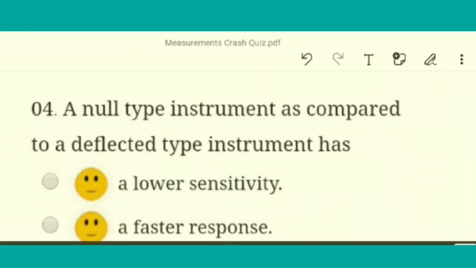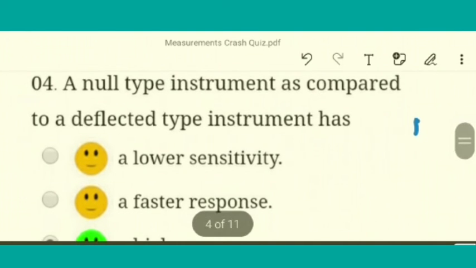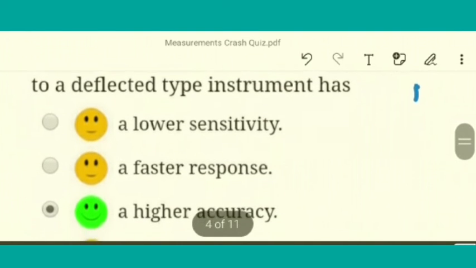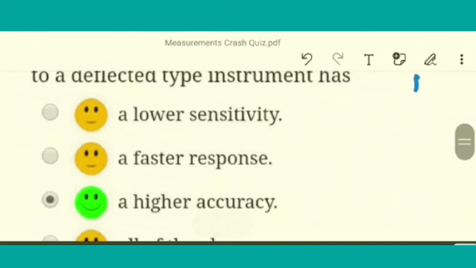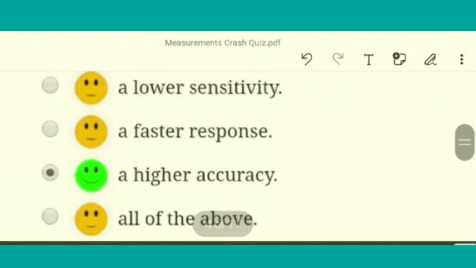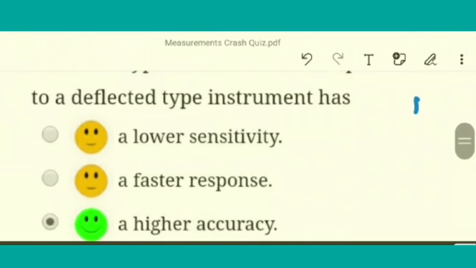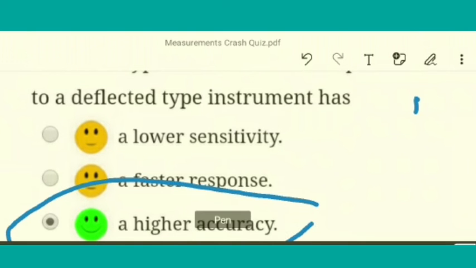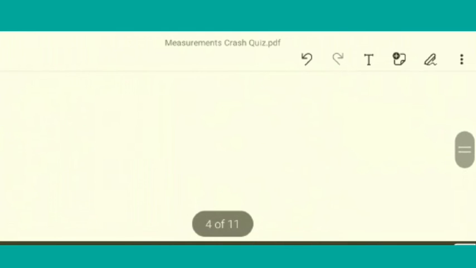Null type instruments are compared with deflected type instruments because they have more advantages. The options are a lower sensitivity, a faster response, a higher accuracy, and all of the above. Null type instruments are simple and also give a higher accuracy, so our option C will be the correct answer.